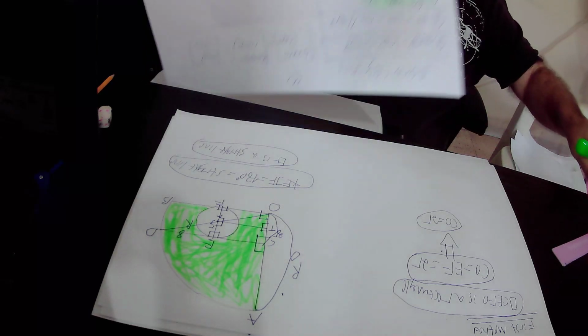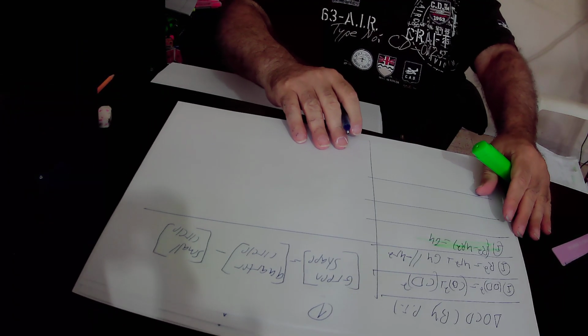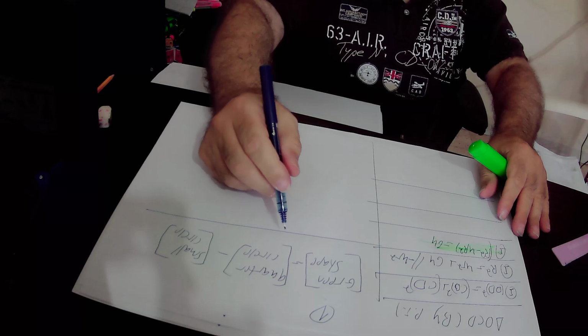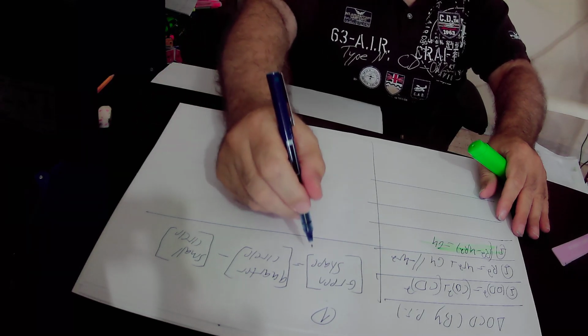I'll repeat again. The area of the green shape equals the area of the quarter circle minus the area of the small circle.